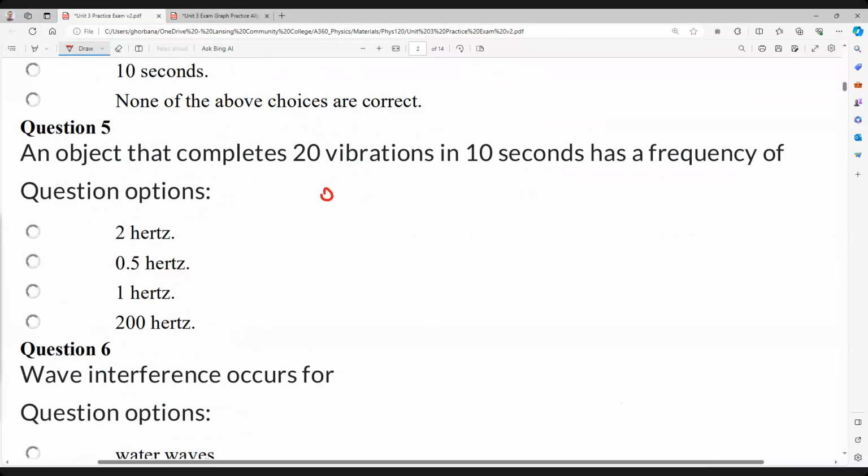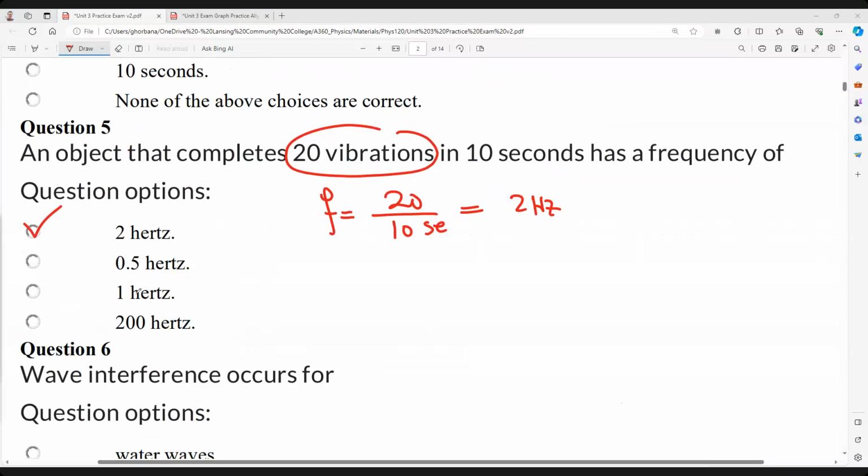What was the frequency definition? Number of vibrations over time. How many vibrations do we have? 20 vibrations over how many seconds? 10 seconds. Yes. 20 divided by 10 is going to be 2 hertz. So what is the right answer? It's going to be 2 hertz.